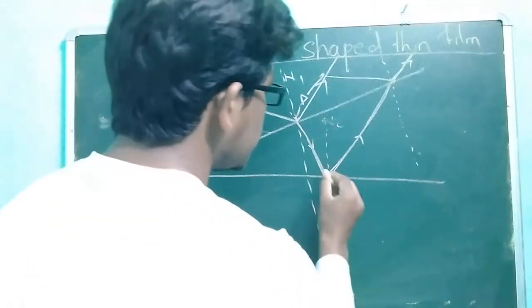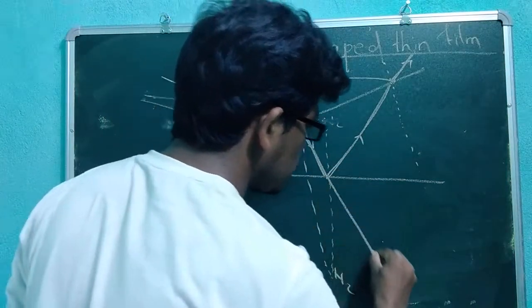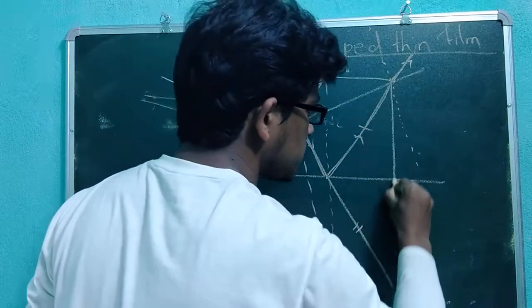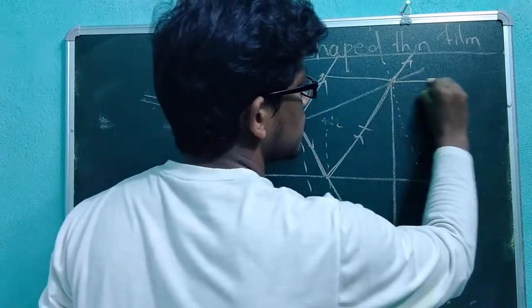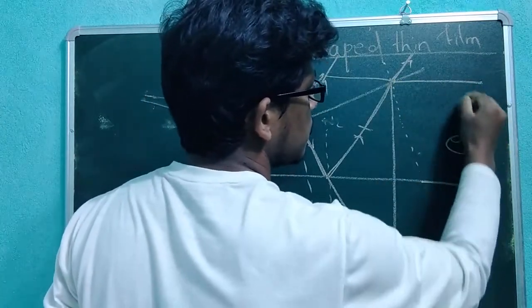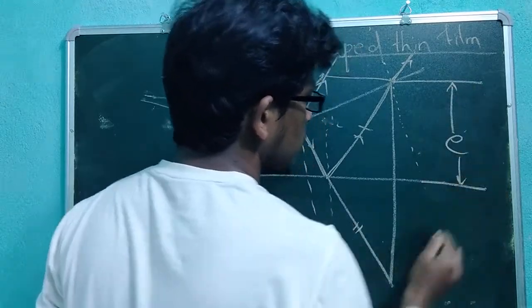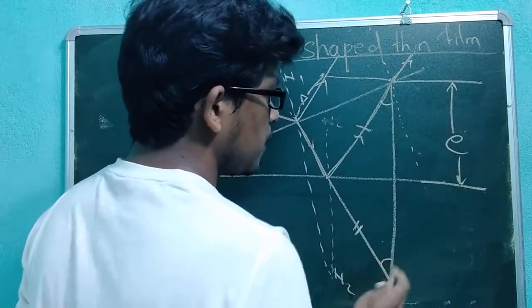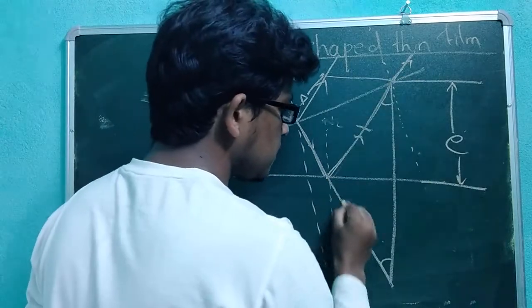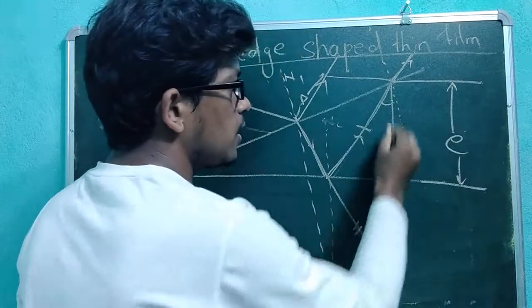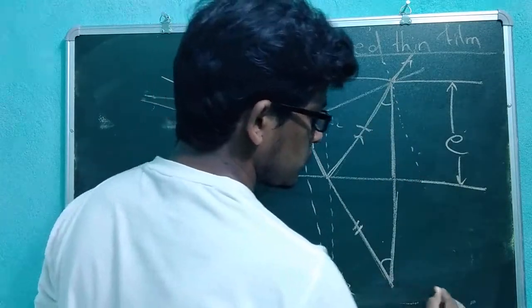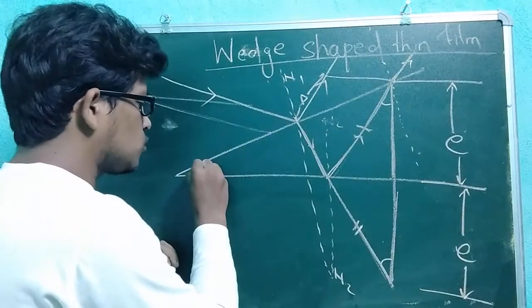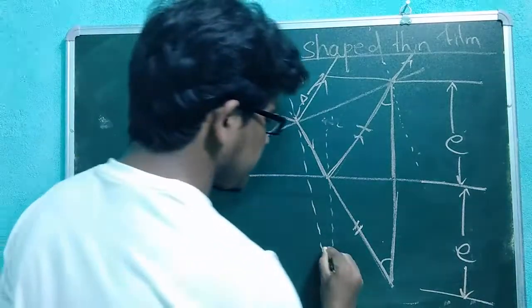Let's complete the figure. I will extend this line in such a way that this one will be equal to this one, and I will connect this, and let's say up to this my thickness is E. If this one is equal to this one, these two angles will be the same. And if this is an isosceles triangle, this one will be equal to this one, so this is also E. This one I called alpha, and this is also alpha.